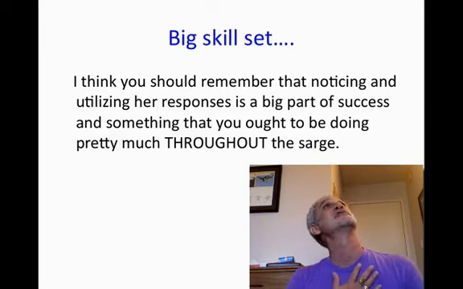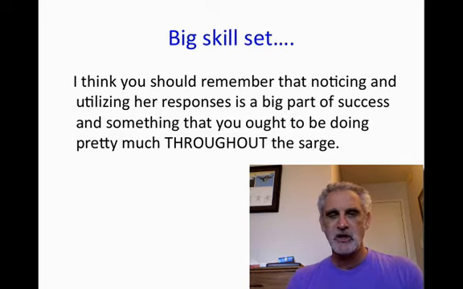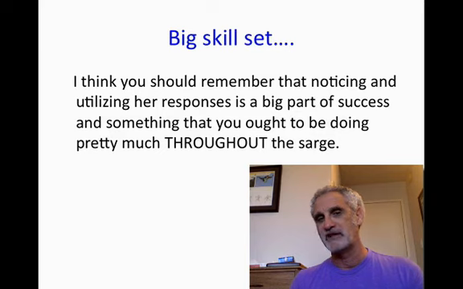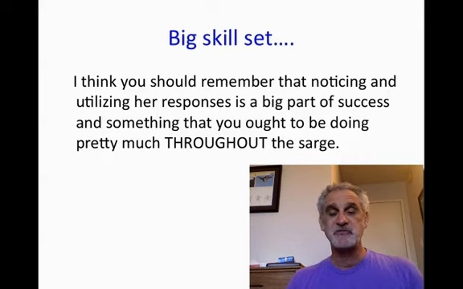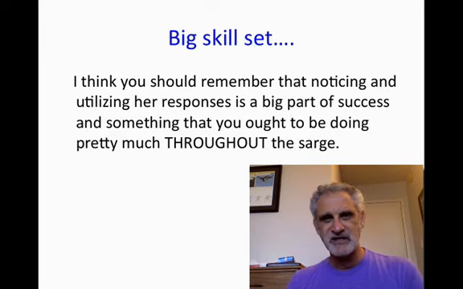Are you getting her personal trance anchors? Are you able to see that she's really responding to this particular format? In other words, she really likes games, but she doesn't respond well to questions. Or she really likes this particular theme, but she doesn't like that theme. She really seems to respond more when I come from a powerful commanding vibe as opposed to being funny. Are you able to notice her responses and let her responses shape what your behavior is going to be? This is a key skill set that I think you would really do well to develop.